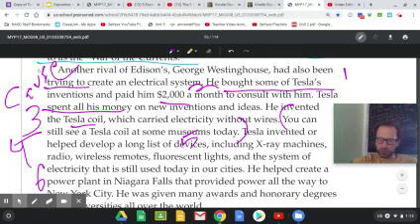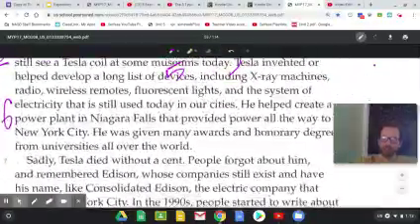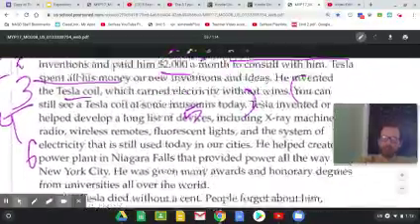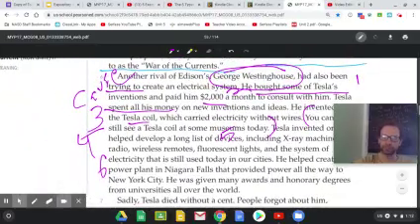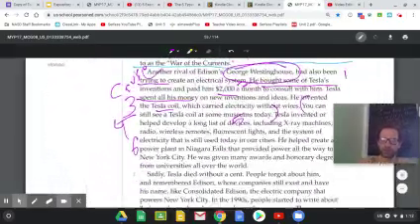So we have our initial cause, George Westinghouse and his financing, and the financing is either implied or said to be the result of that $2,000 a month consultant fee. So we have our cause, George Westinghouse, and Mr. Moneybags shows up. Effect, a lot of these inventions manifest, they come to be. All right, so we've got our cause and effect. We've got our compare and contrast.